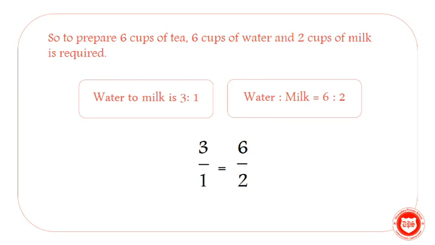Another way is, if we multiply 1 into 2, we will get 2. So we have to multiply the same number to the numerator. So 3 into 2 is equal to 6. So the answer is correct. So 3/1 is equal to 6/2. This is called proportion.